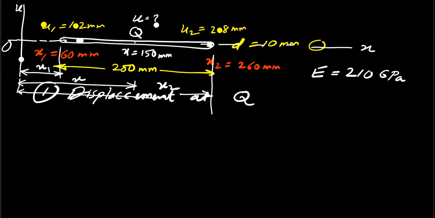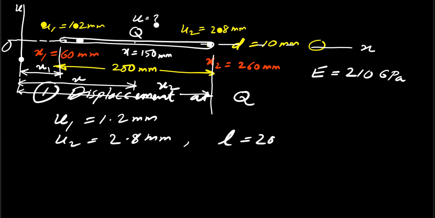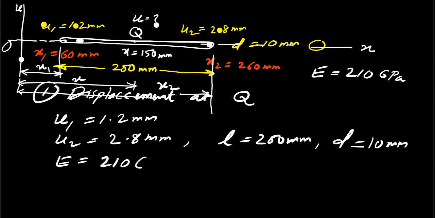So it's been given the values like u1 is 1.2 millimeter, and u2 is 2.8 millimeter, L is 200, the length of the element, diameter is 10 millimeter, and Young's modulus E value is 210 gigapascal.